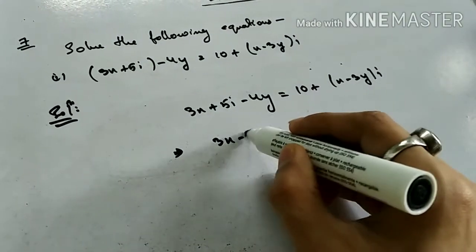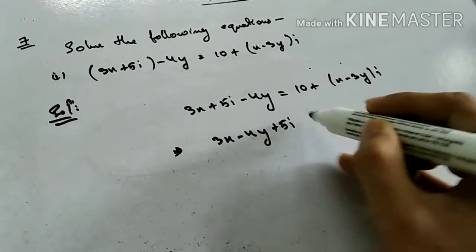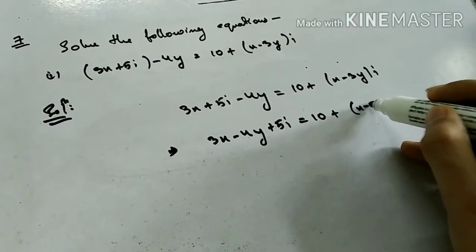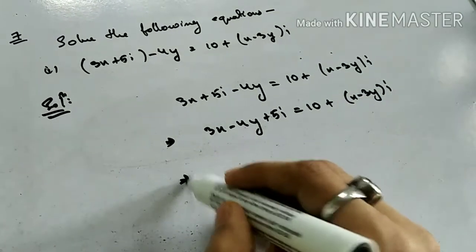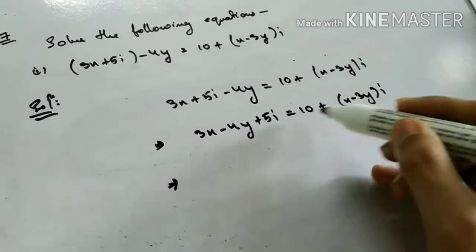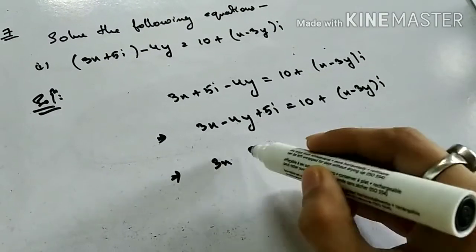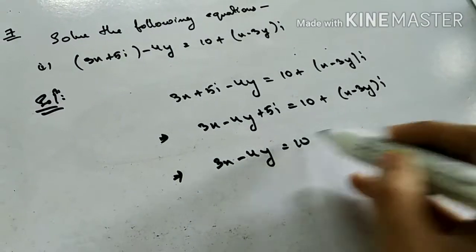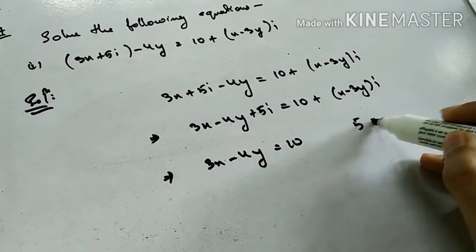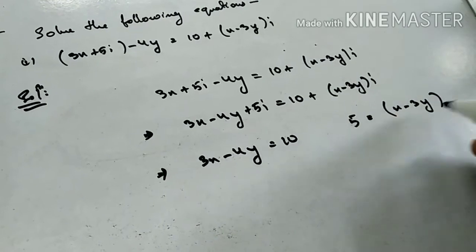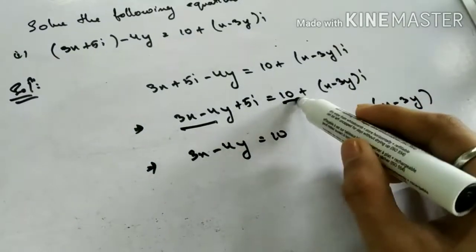So this is 3x minus 4y plus 5i is equal to 10 plus x minus 3y into i. Now what I will do is equate the real parts and equate the imaginary parts. 3x minus 4y is equal to 10 and 5 is equal to x minus 3y. Understand? Real part equate, imaginary part equate I will do.